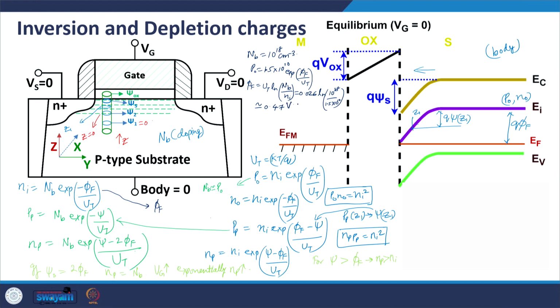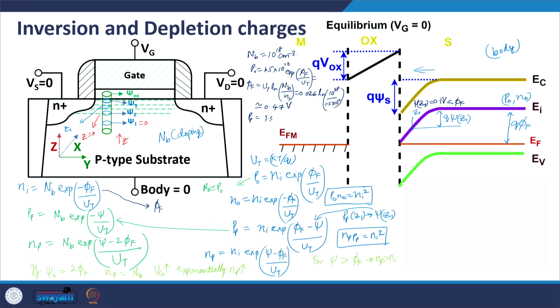Okay. So, what is the value of hole concentration in the depletion region? Suppose you have moved into the depletion region at a point Z1, where chi of Z1, that is potential, is just 0.1 volts. Okay. So, this is smaller than phi f. You have moved just into the depletion region. In that case, what is the value of hole concentration here?